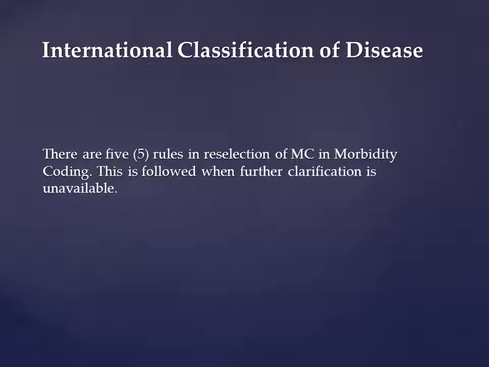There are times that the clinicians who are responsible for the coding of the diseases are not available for clarification. For morbidity data to be coded, there are 5 rules in reselection of the main condition.